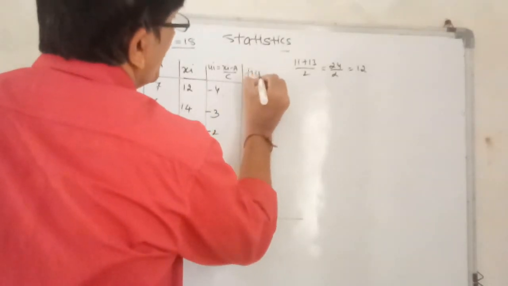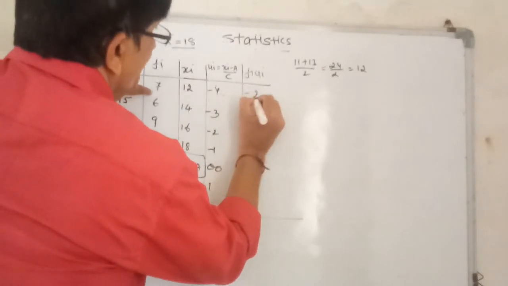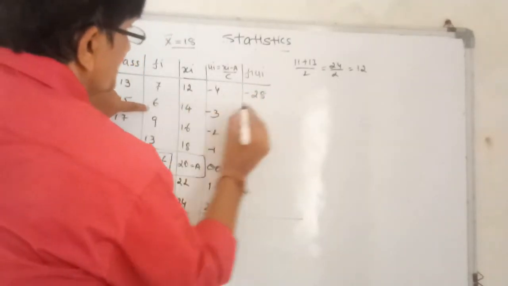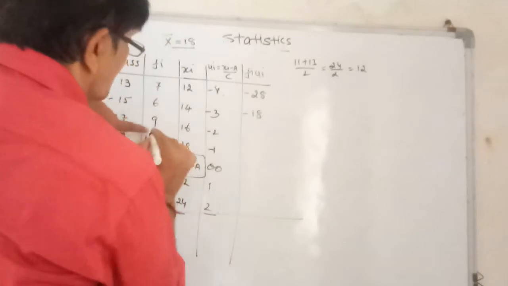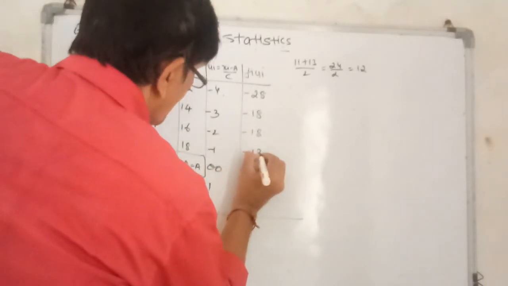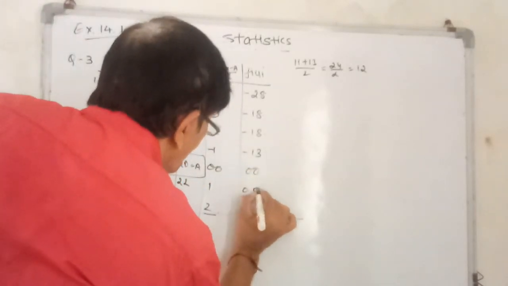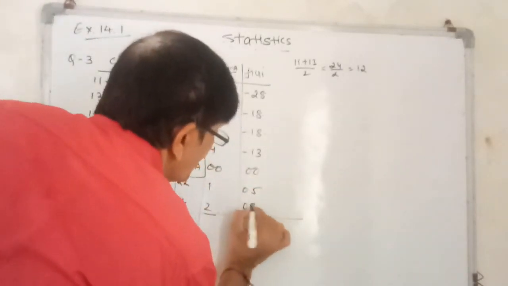Now fiui. So 7 4s are -28, 6 3s are -18, 9 2s are -18, 13 1s are -13, this is 0, 5 1s are 5 and 4 2s are 8.